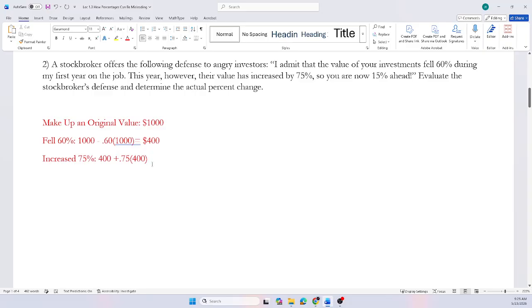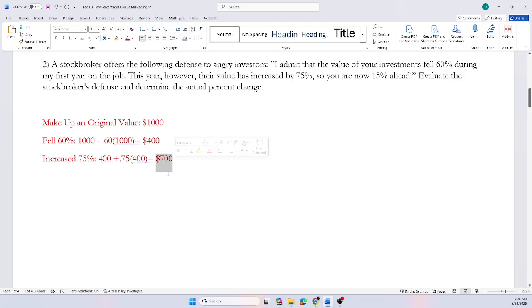It's down to $400. So let's see what happens when you go up by 75%. And that's going to equal $700.